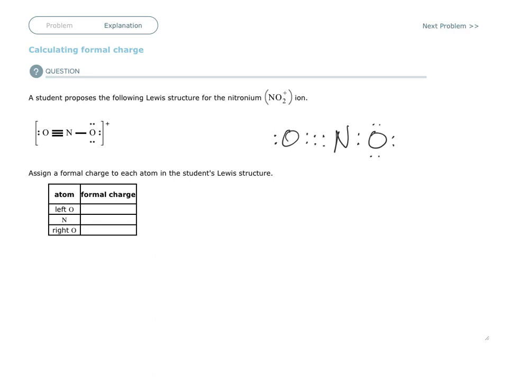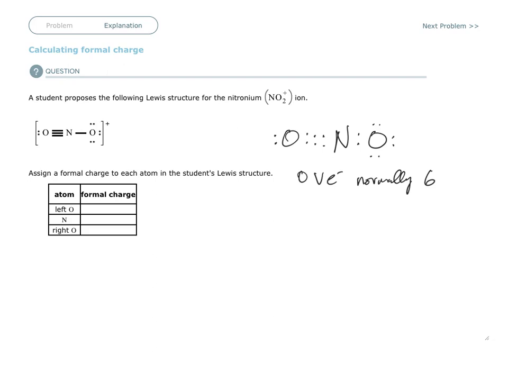Okay, so let's find out how many of each that they're going to be. So let's look at how many valence electrons does oxygen have. We'll do the left-hand oxygen first because it's asking for left-hand oxygen. So how many valence electrons does it normally have? Oxygen's in group 6, so it's normally 6. How many did we assign?